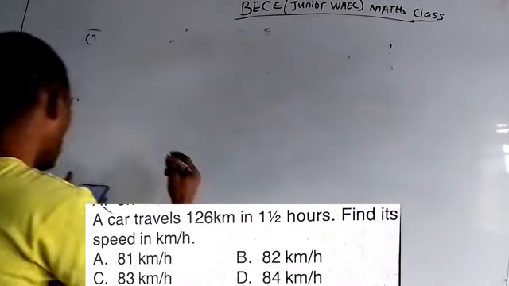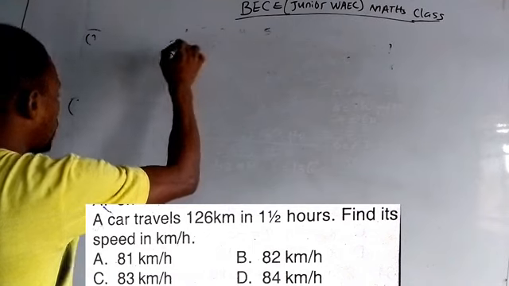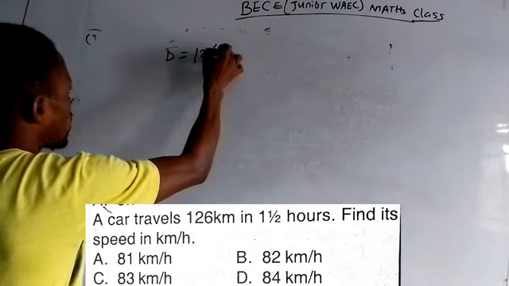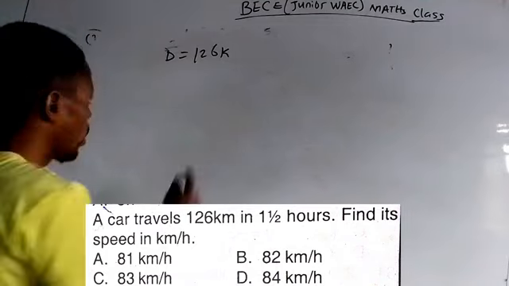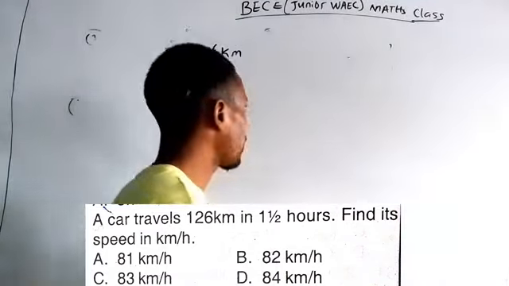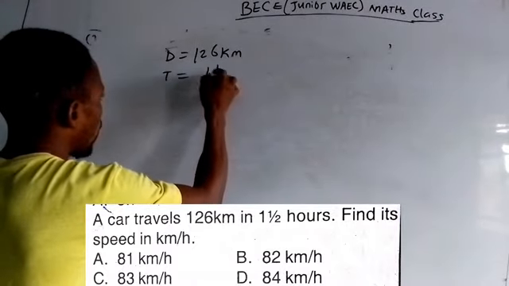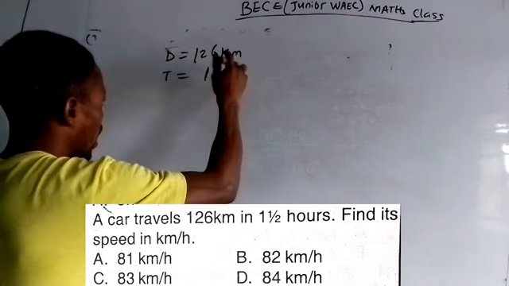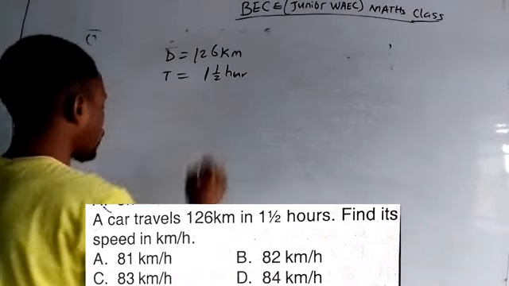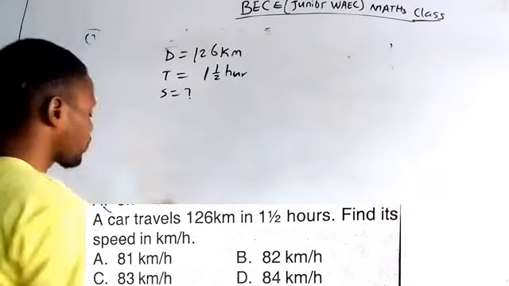So we are given the distance as 126 kilometers, and we are given the hours it used to travel. It means that the time is equal to 1 1/2, that is 1.5 hours. And we want to find the speed.